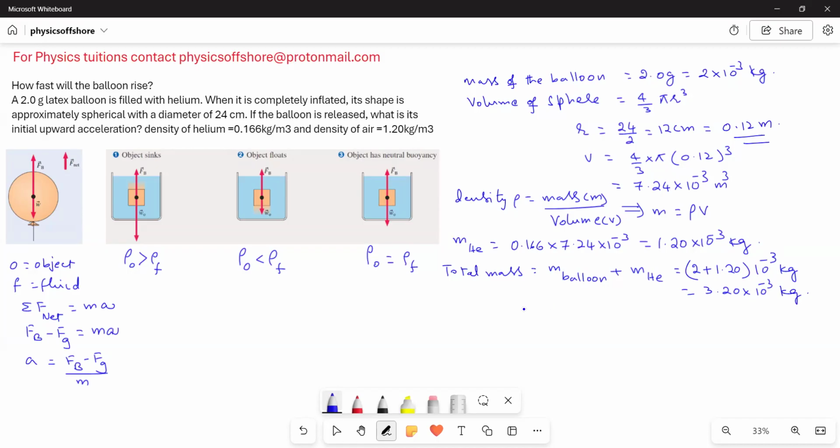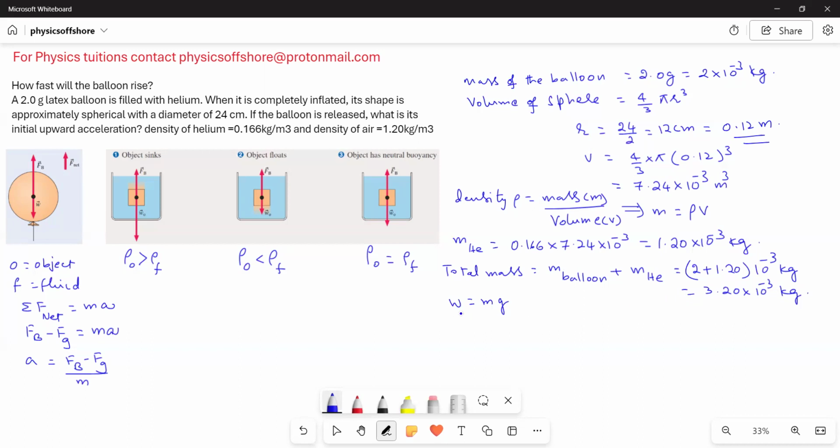Next, what we have to find out? FB and FG we have to find out. Now, what is FG? FG is nothing but W, so W is equal to mg. We will find this for the balloon and also for the helium gas.